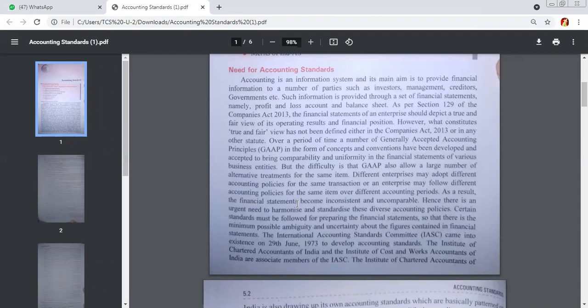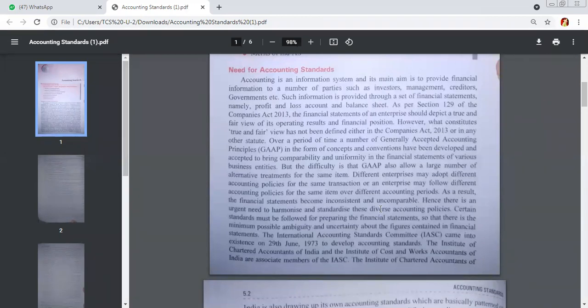I hope it is clear to you that different enterprises may adopt different methods, or the same enterprise sometimes adopts different methods for different periods as well. I also explained this to you in the beginning. As a result, the financial statements become inconsistent and incomparable. Comparability will not be developed at all when different methods are used.